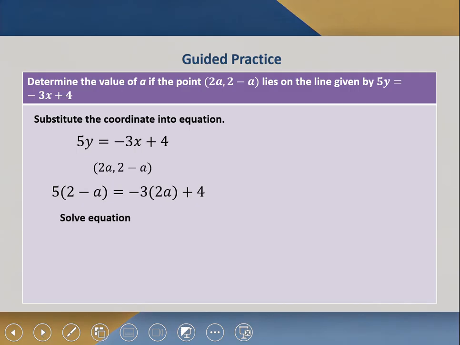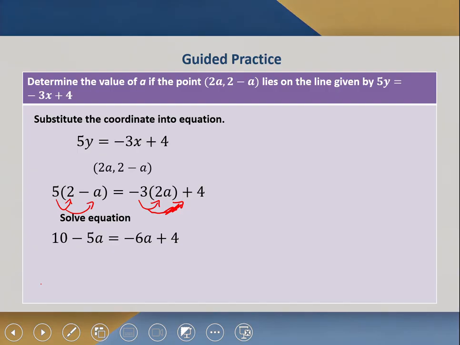The next step is solving the equation, so I'm going to expand. That means 5 times 2 and 5 times negative a, and then negative 3 times 2a. That gives me 10 take away 5a, and negative 6a plus 4.